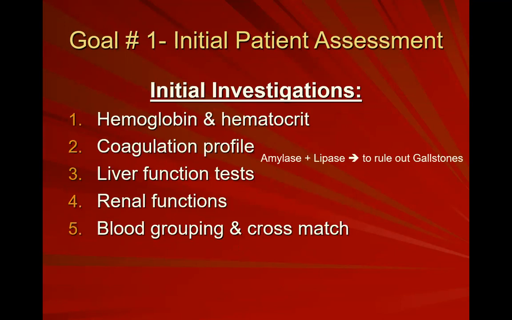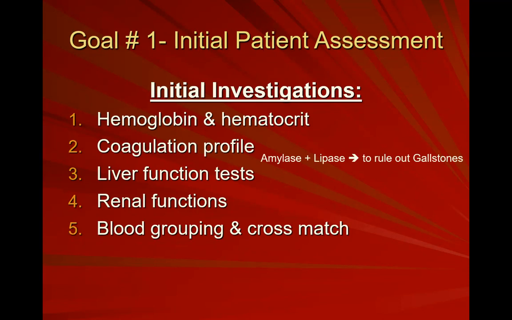Investigations will give you a clue about what's going on exactly. It is very important to check the coagulation profile, because if there is a prolonged prothrombin time or coagulation disorders, that would be a problem, as we have to fix that in order to stop the bleeding.